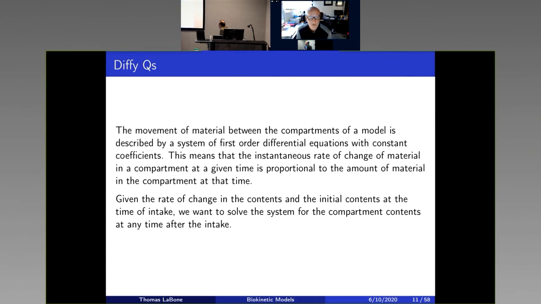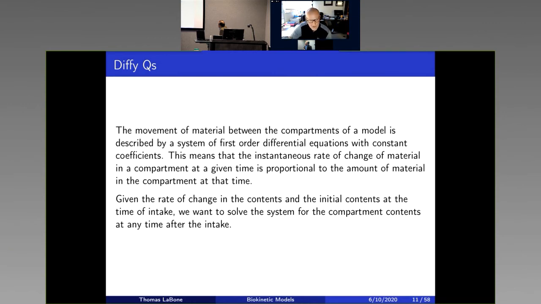The movement of material in these compartmental systems is described by a system of first order differential equations with constant coefficients. So basically what we're doing is, given the rate of change in the contents and the initial contents at the time of intake, we want to solve the system for the compartmental contents at any time afterwards.